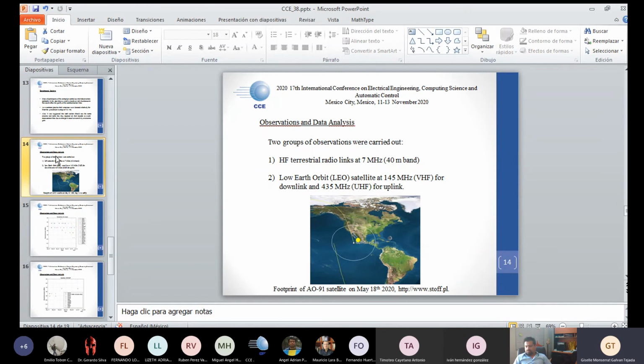On the one hand, the 40 meters band, that means the 7 megahertz frequency band. Then, low Earth orbit satellites at 145 megahertz for downlink and 435 megahertz for uplink. In this picture, you can see the footprint of one of the amateur satellites for 1 day of the observation period.